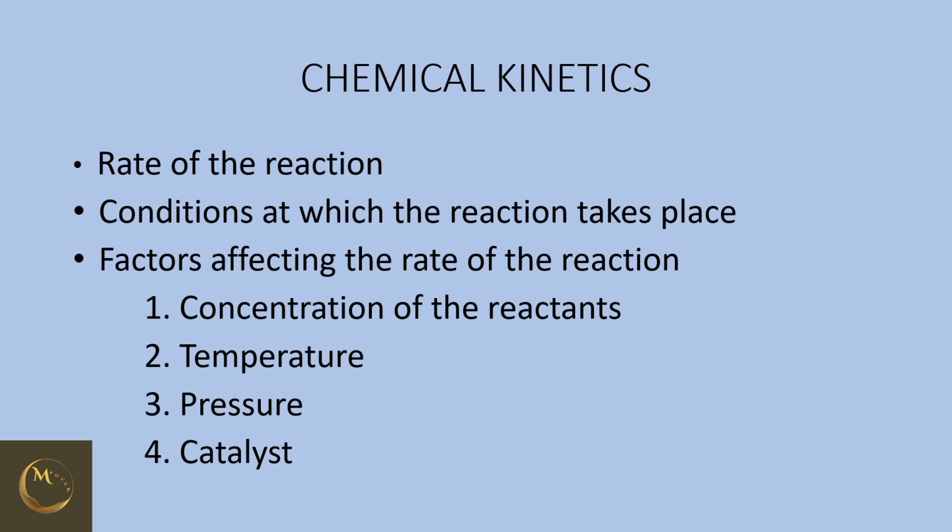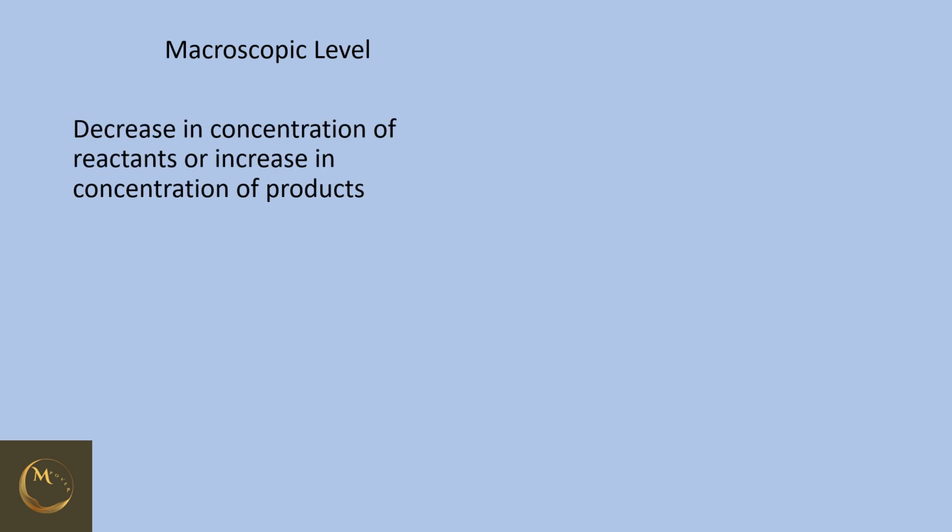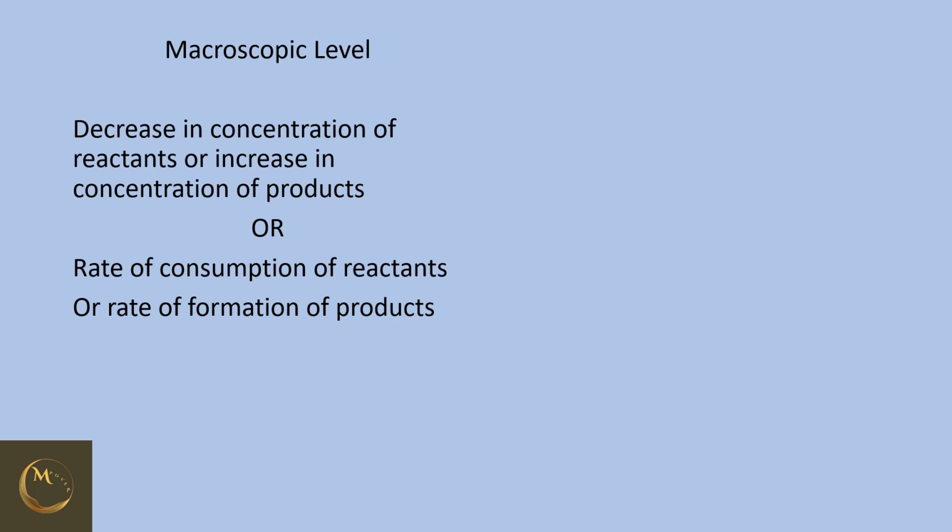Now, at the macroscopic level, we are interested in finding out the amount of reactants that have reacted or formed and the rate of consumption of reactants or formation of products.